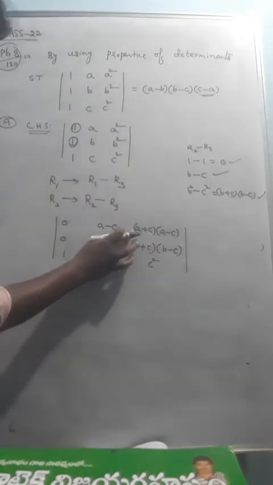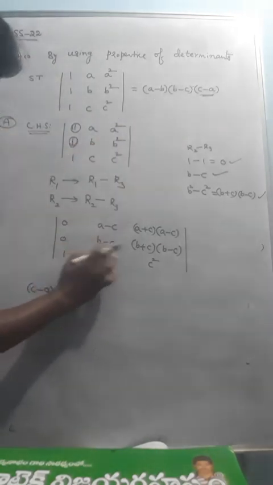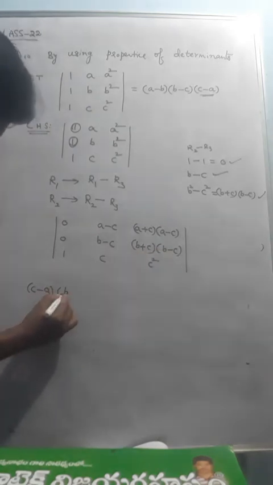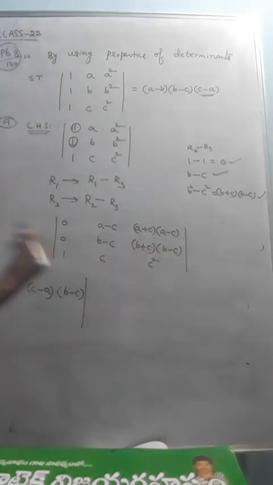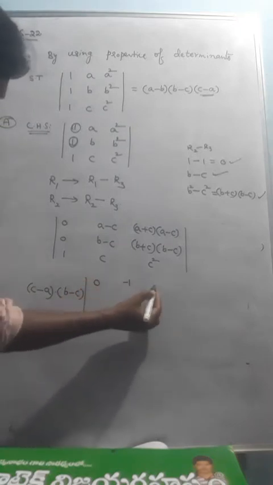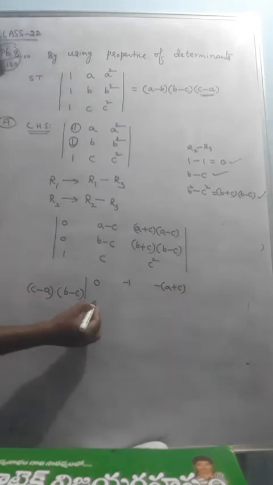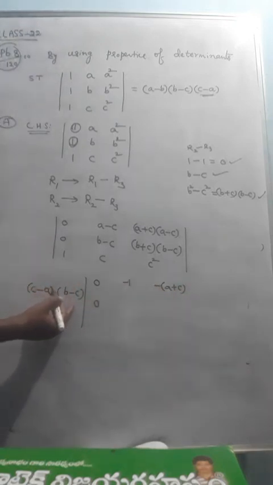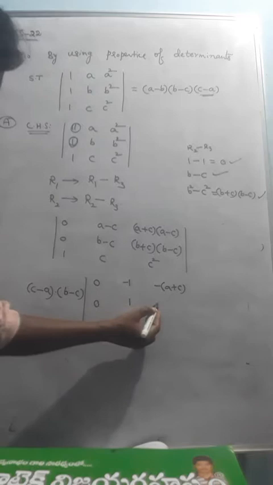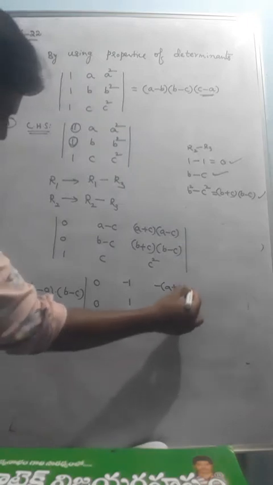From the second row we want B minus C, so you can take common B minus C. So here 0 will come, here 1 will come, here B plus C. Next, the third row same as it is, 1, C square.